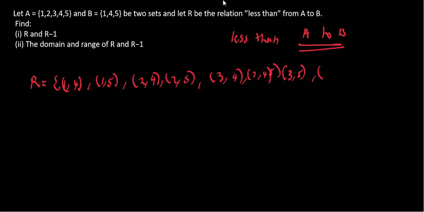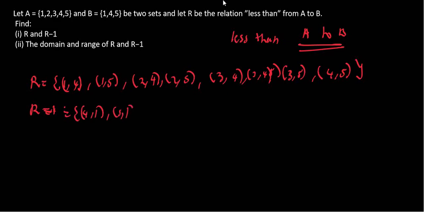Okay. How about 4? 4 is only less than 5. That's all. What is the inverse? The inverse of that one will be 4 comma 1.